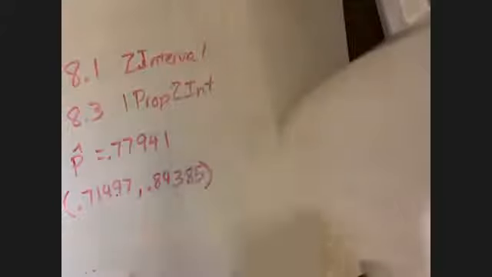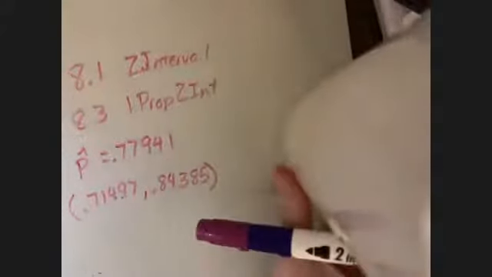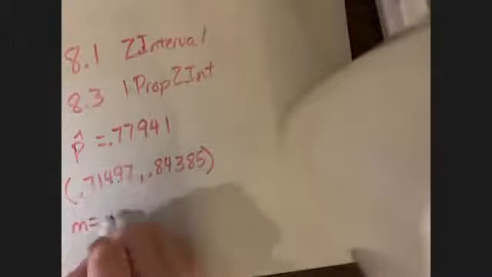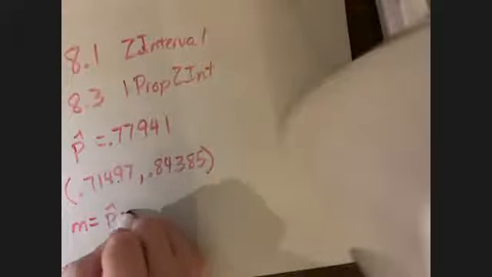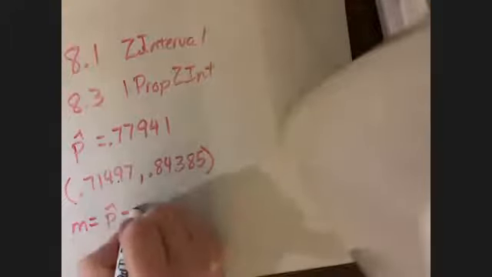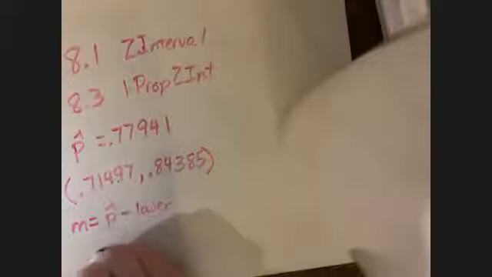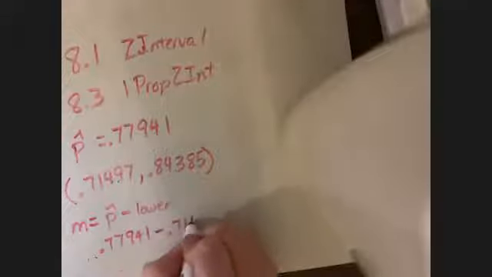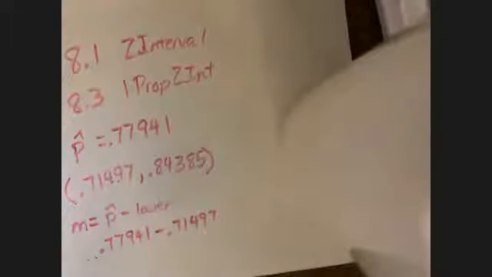Okay, one of the things that you can do to find your margin of error is take p hat and subtract the lower amount. So if I did 0.77941 minus our 0.71497, we get 0.06444. That is going to be your margin of error.